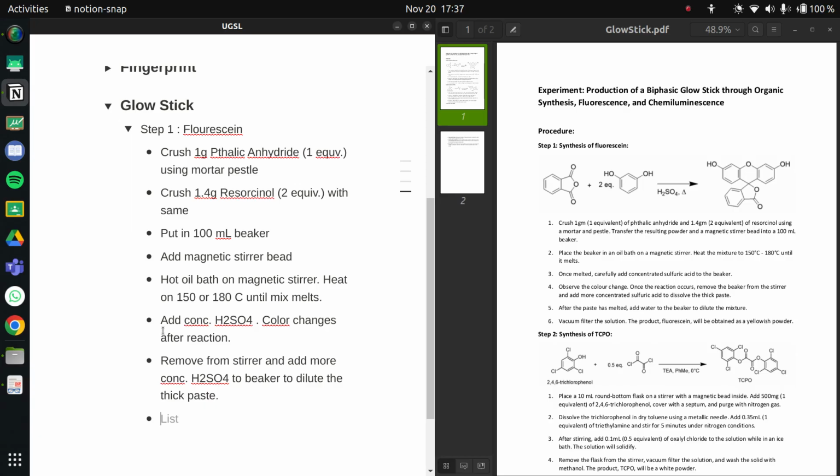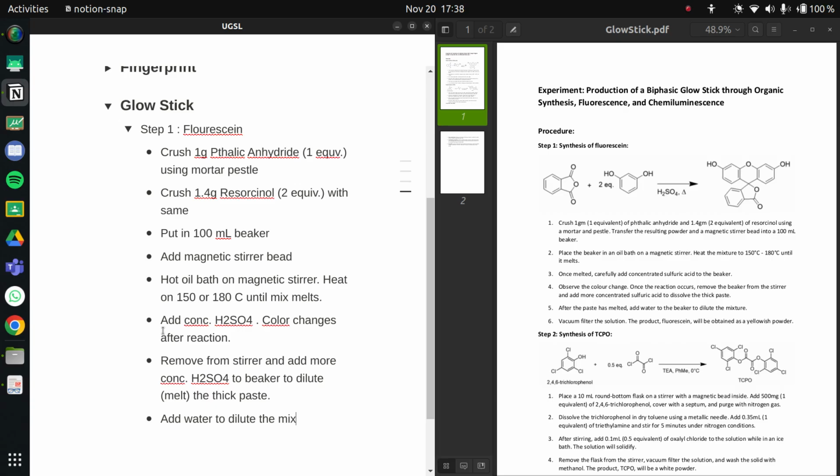Okay, then after the paste has melted, add water to the beaker to dilute the mixture. So I shouldn't even say dilute, more like melt. And that makes sense.